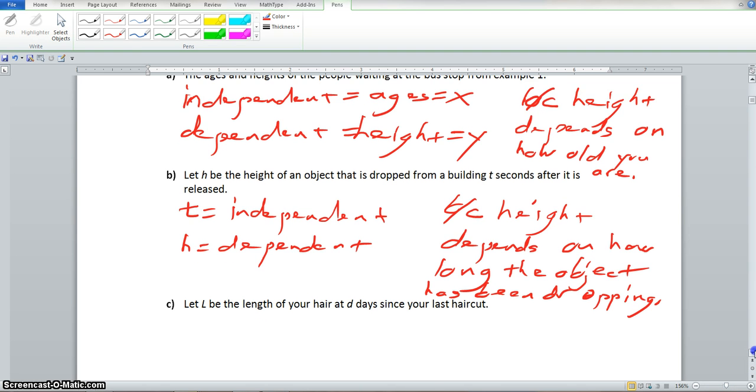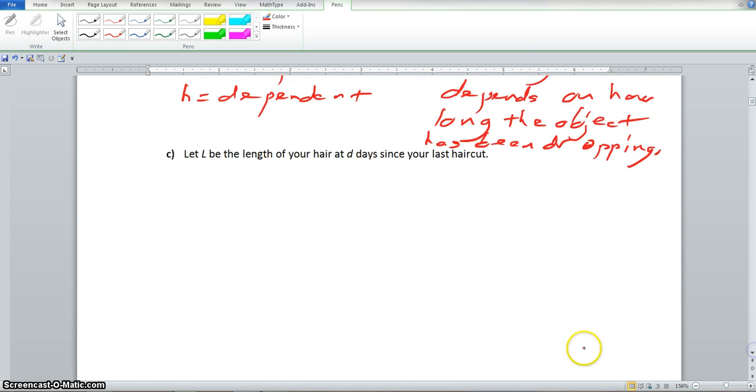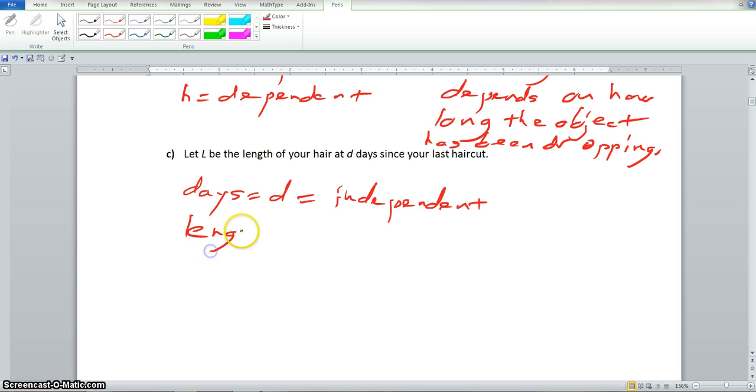Okay, so now we go here to C. It says, let L be the length of your hair at D days since the last haircut. Now, days, represented by D, is your independent variable. And then the length of your hair, or we could just say length, which is represented by L, is your dependent variable.